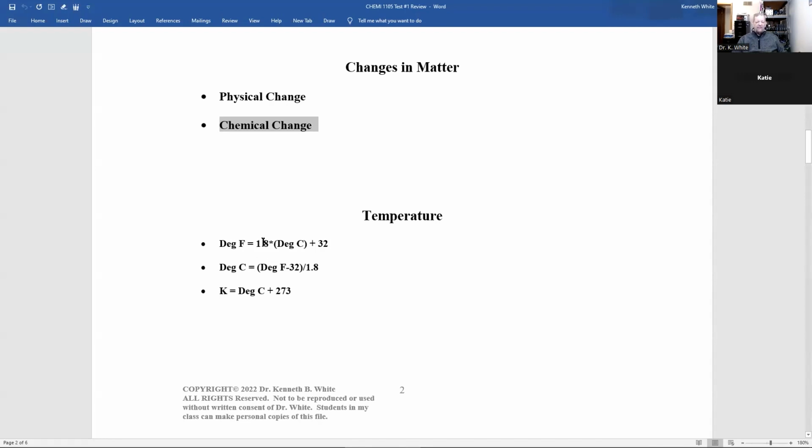Common mistake is this one. You do the multiplication before you add 32. You do the multiplication before you do the addition. In the second one, you do the subtraction, degrees F minus 32, before you do the division.